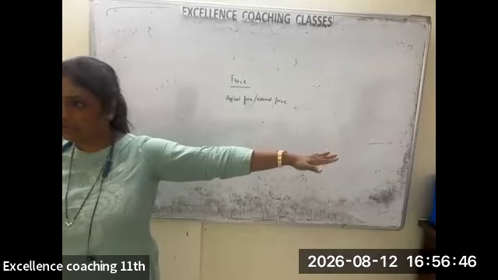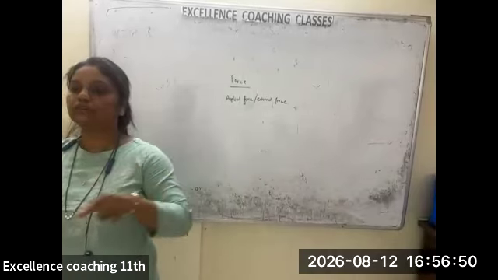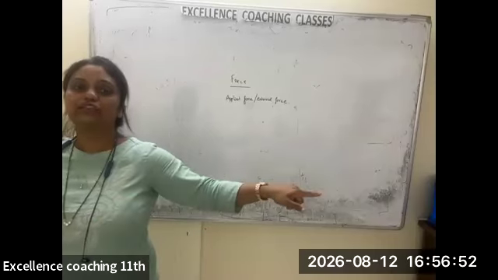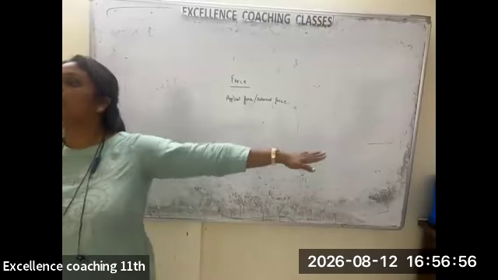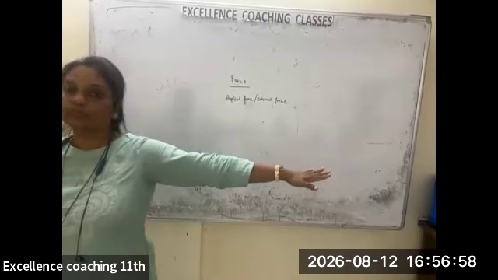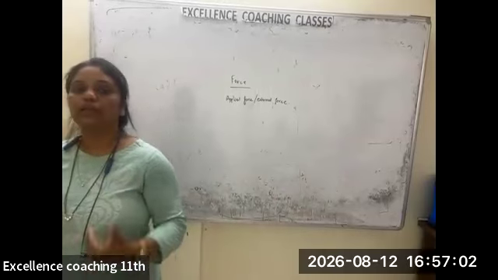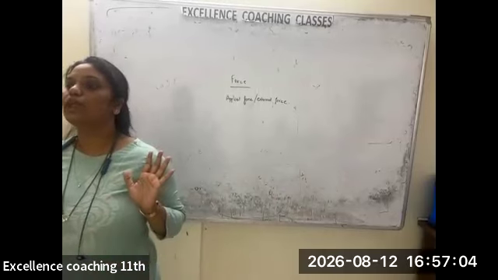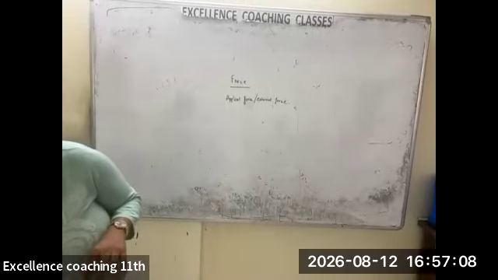Force is a vector quantity. 20 Newton, 20 Newton, two vectors going in opposite direction. What do you do? Subtract it. So 20 minus 20 is how much? 0. So what is the net force acting on me? Total force 0. And when net force is 0, what will happen to me? I will be at rest. Correct? Okay.